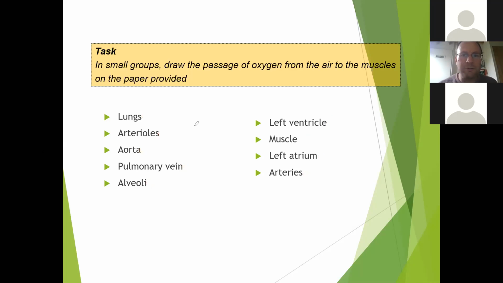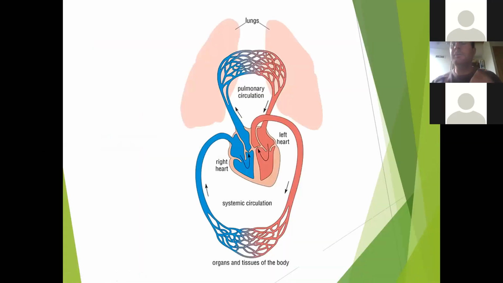Let me just clear those off. So well done. So again, here's the nice picture of that pattern. If you just follow it through, you can start to see that little process. So here we are. Let's start at the lungs at the top. So lungs coming back to the heart.